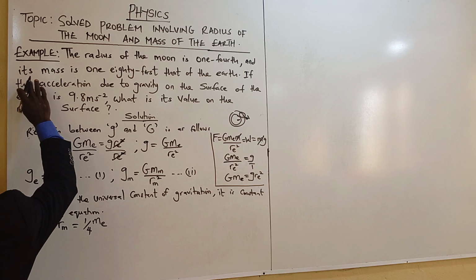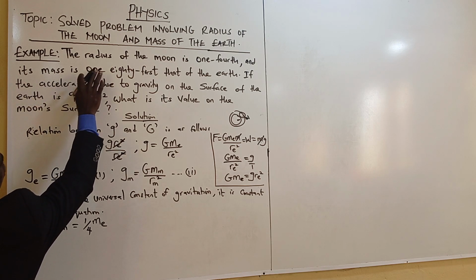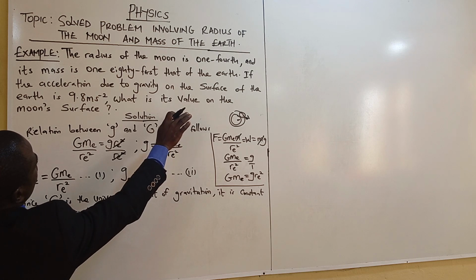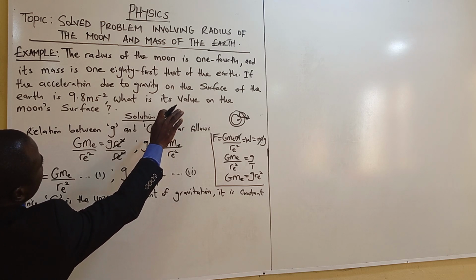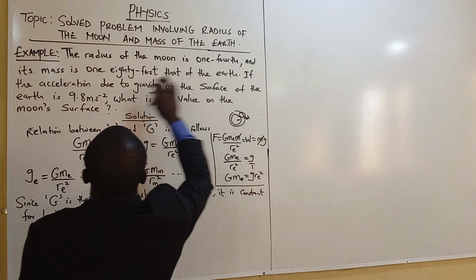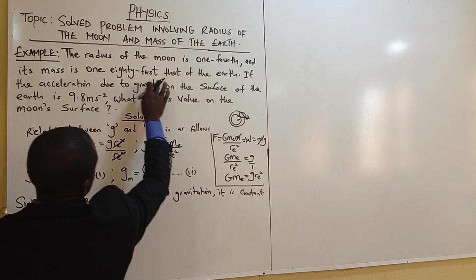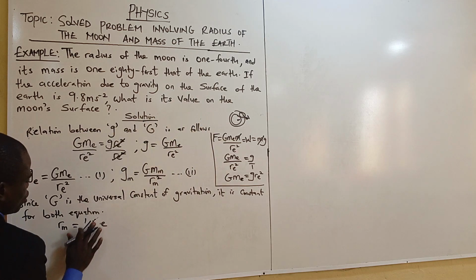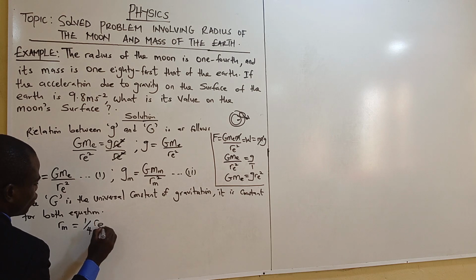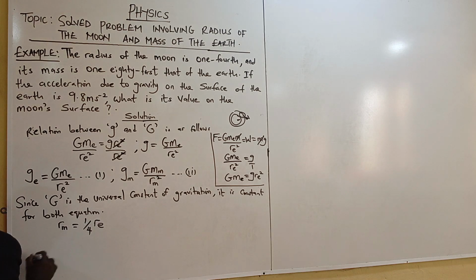You see, the radius of the moon is 1/4 of the radius of the earth. These are the two statements being made. That's equation 3.